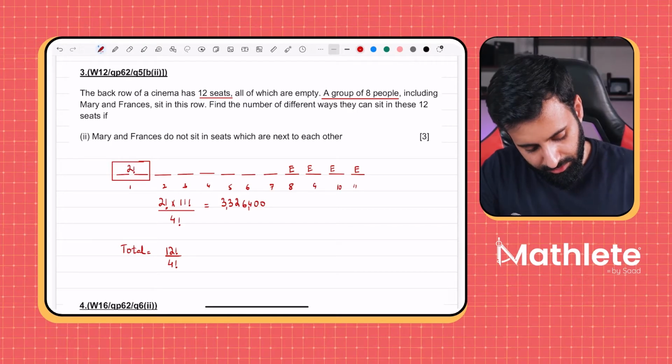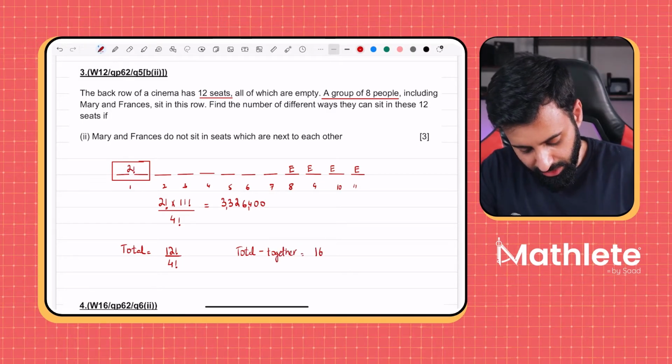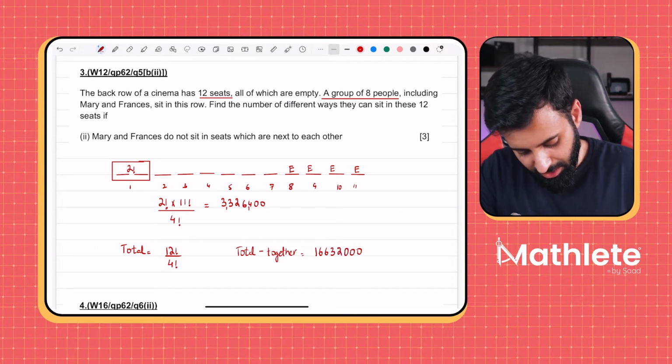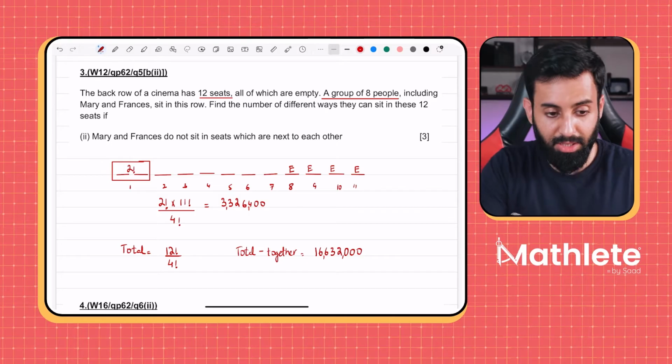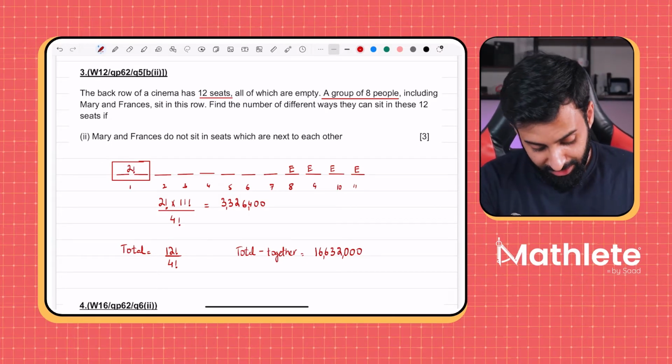So total minus together gives us the answer, which is equal to 1663200. So this is, let's see, 16,320,000. Sorry, 632,000.